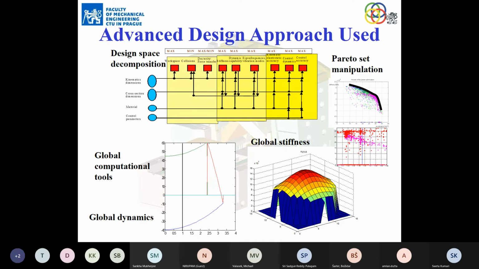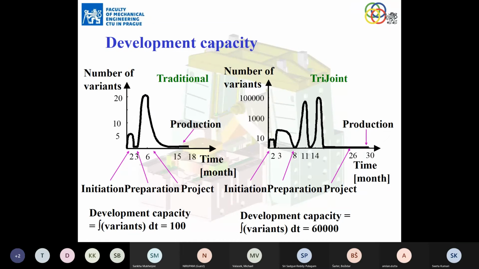So it was very rapid computation and a real capability to provide the designer with almost real-time design with some optimized results. Now return back to this innovation potential, development capacity. I have compared the traditional approach, how many variants are investigated during the design process, and how many variants were investigated with our new approach.